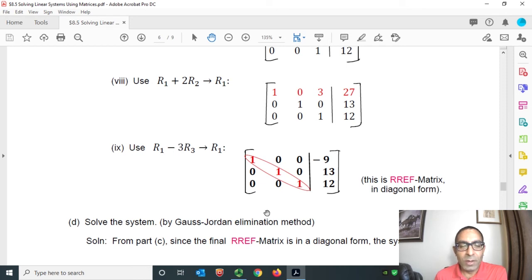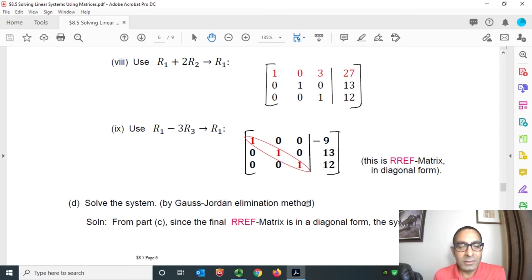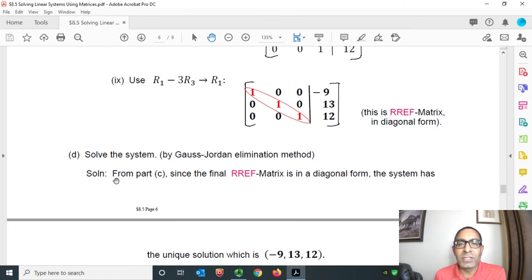So now let's move on. Now part D, solve the systems. When you have the matrix in reduced row echelon form, then the right hand side, the entries in the constant matrix, are the solutions.